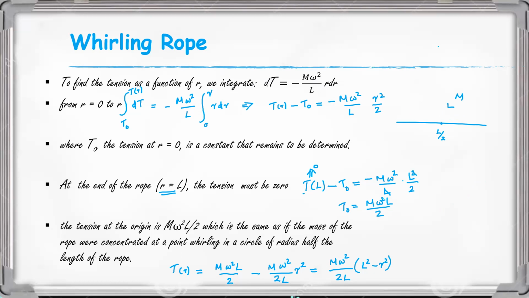Then the example of the whirling rope is equal to a mass m kept at the point L by 2, and that mass is revolving with an angular velocity omega.